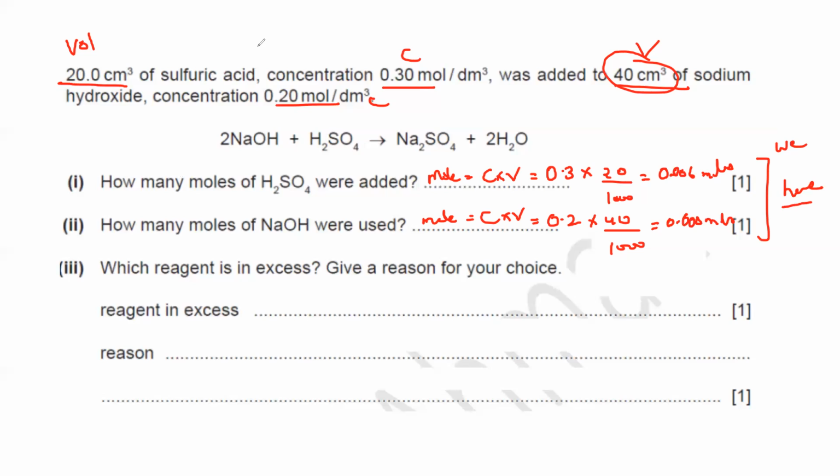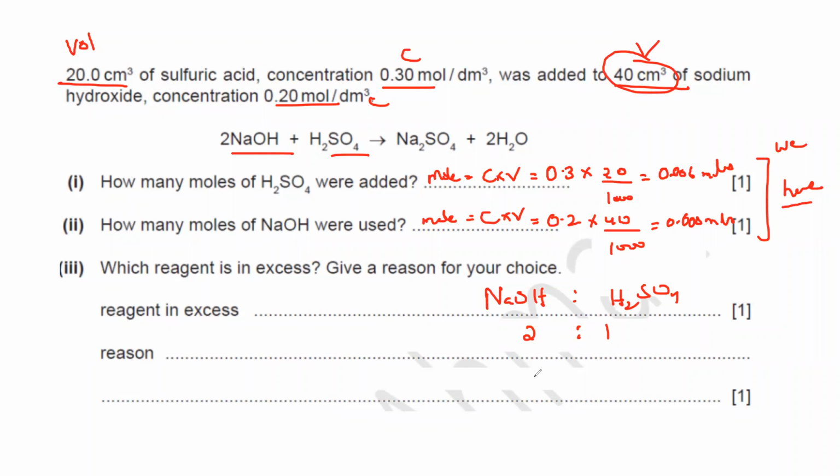How to do this? Again, we'll take a ratio between the reactants only. What is the ratio between sodium hydroxide and sulfuric acid? When they react with each other, the simplest ratio between them is 2:1. When there are 2 moles of sodium hydroxide, there will be 1 mole of sulfuric acid.